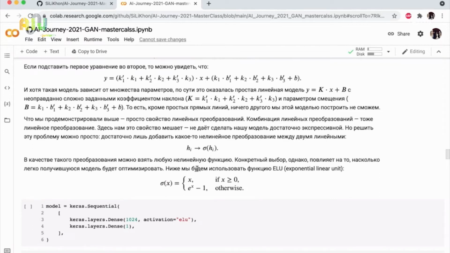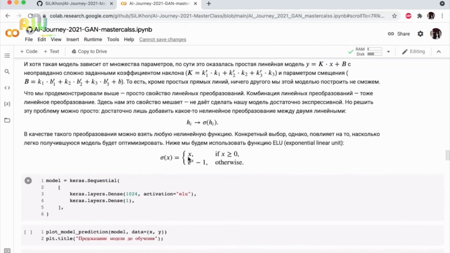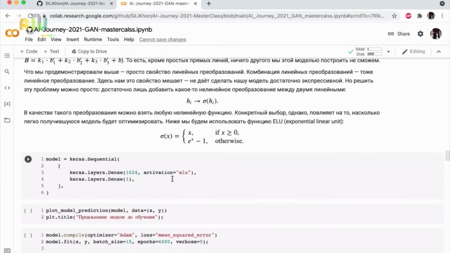There are different non-linear functions, and the choice influences how easy it would be to train our model. So this is the non-linear function.